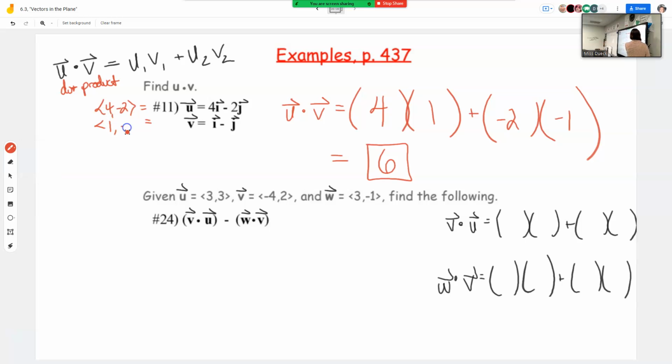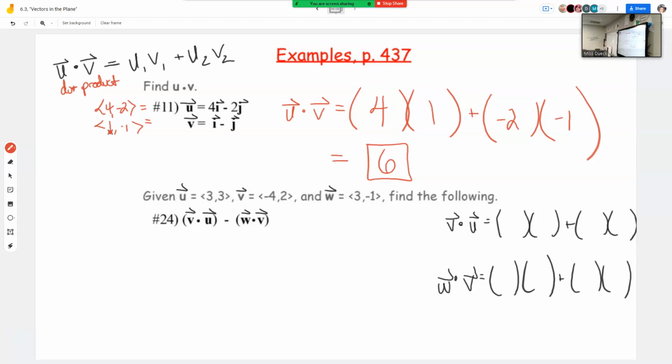I didn't keep on writing my components, but if I had, u could also have been written this way, v could have also been written this way, and that's how I would have gotten my numbers over there. It should be just one number at the end.